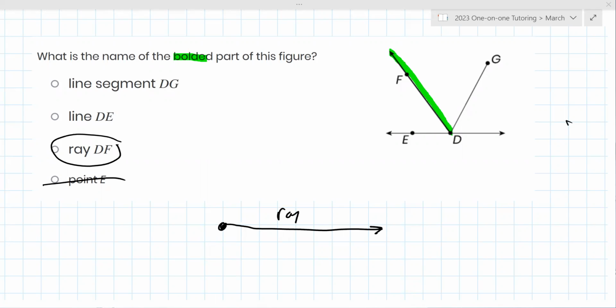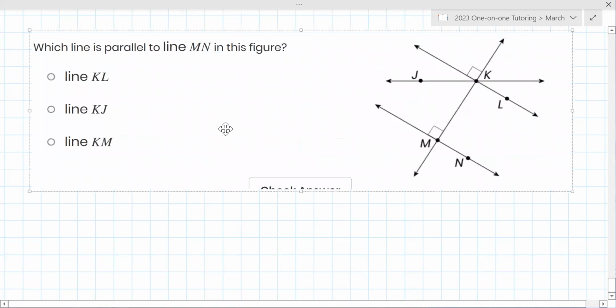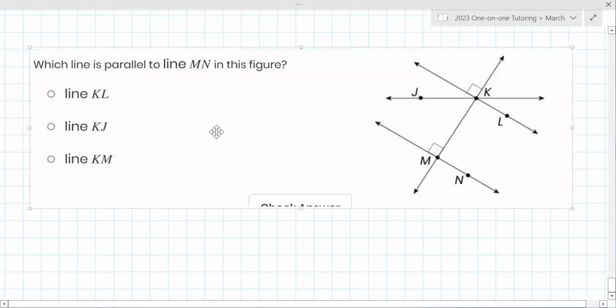All right, so here is a new problem for you to look at. It says which line is parallel to MN in this figure.